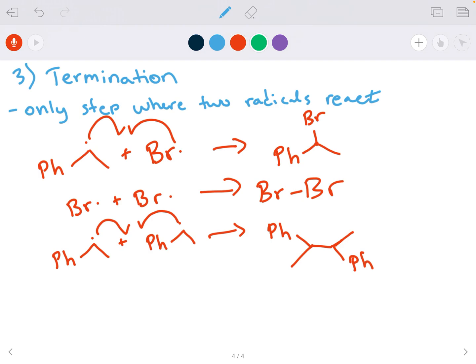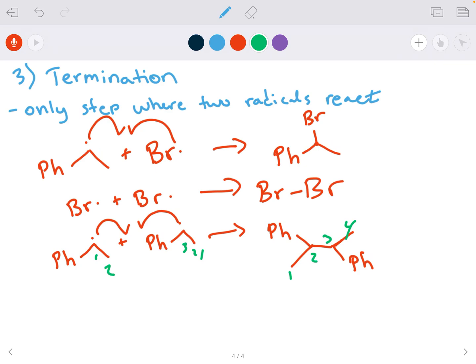And just number the carbons here: 1, 2, 3, 4. 1, 2, 3, 4. So any of those could happen in the termination step. You'll have a number of radical reactions that happen in that final step.